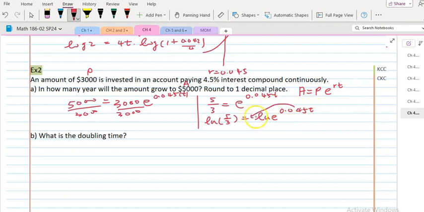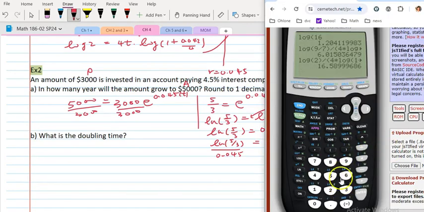Move it. ln e is 1, so that means ln 5/3 is equal to 0.045 t times 1. And I don't have to write it. So t would be equal to just dividing by the rate: ln 5/3 divided by the rate of 0.045. You see, so much easier. So using e as a base is very good.